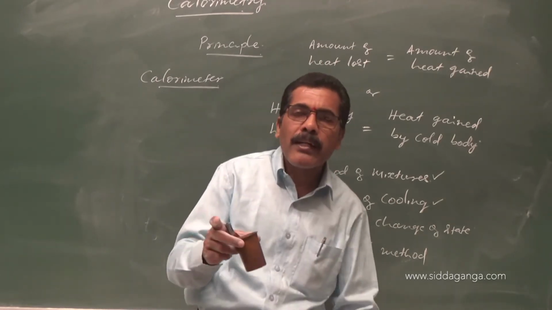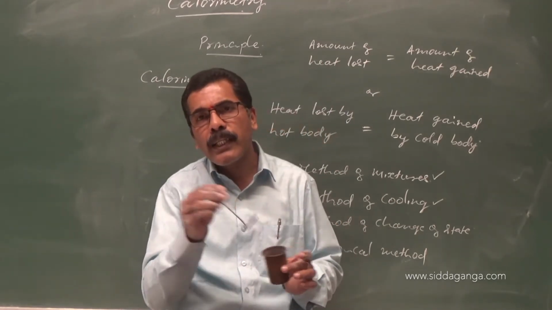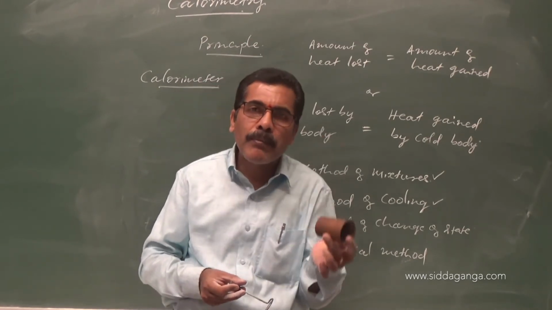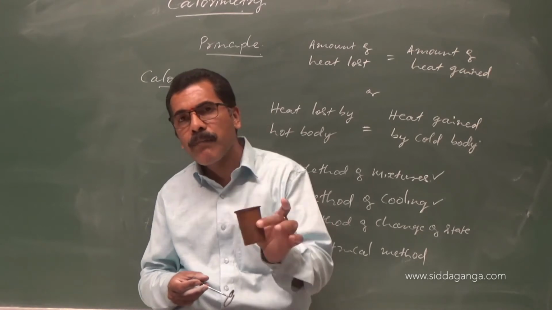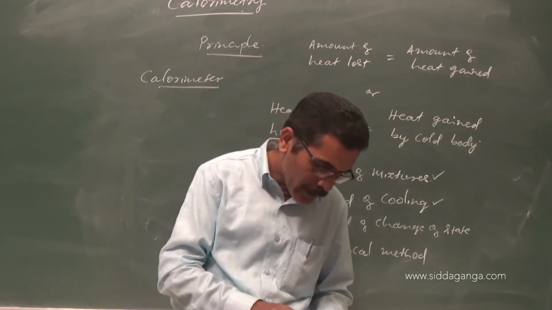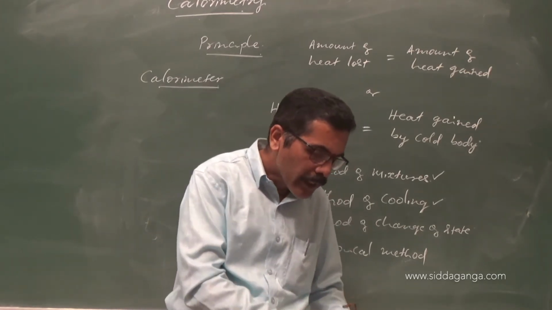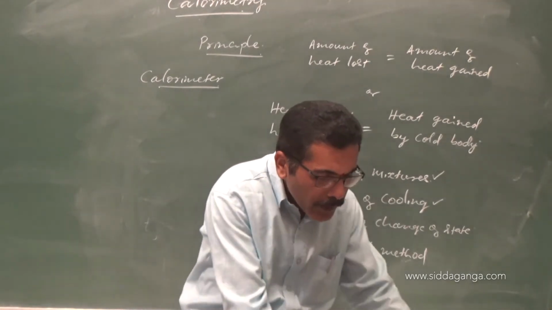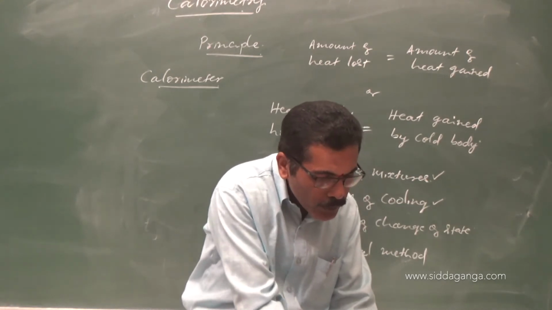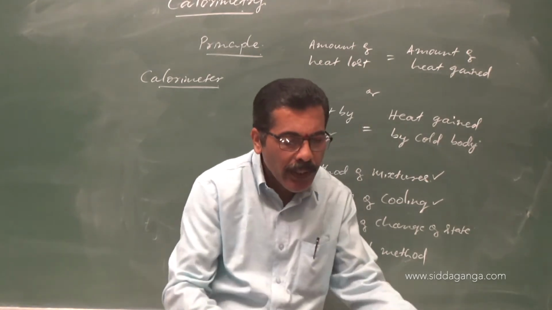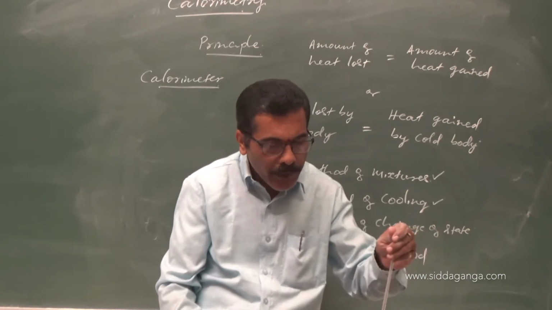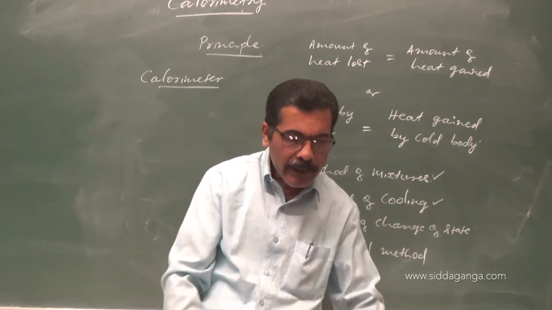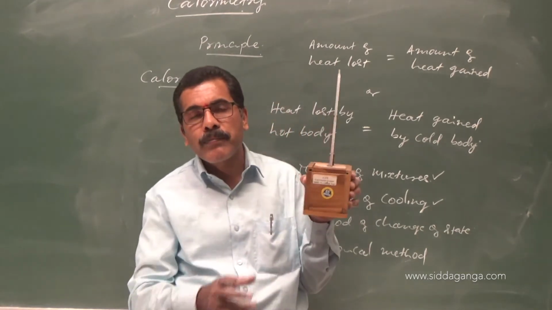Whatever content we have taken is always taken inside this calorimeter, which is made of either copper or aluminum. I have taken a copper calorimeter. We will keep it like this and close it using a wooden lid. If you want to measure the temperature, we have a thermometer which can be inserted through a hole provided. Now your calorimeter is ready.